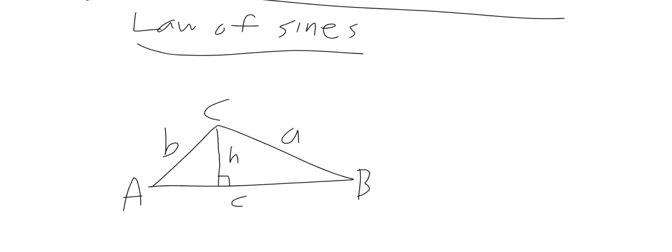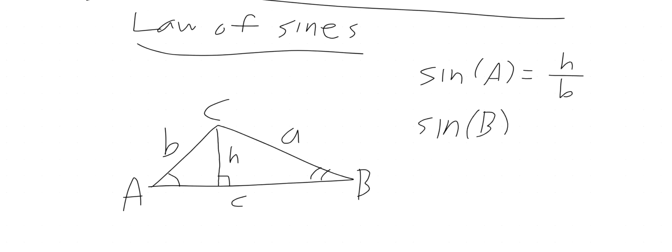Since it's the law of sines, we are going to use sine. So let's look at angle A. Sine of A is going to be h, because that's opposite of it, over b. Looking on the other side, sine of B is going to be h over a.